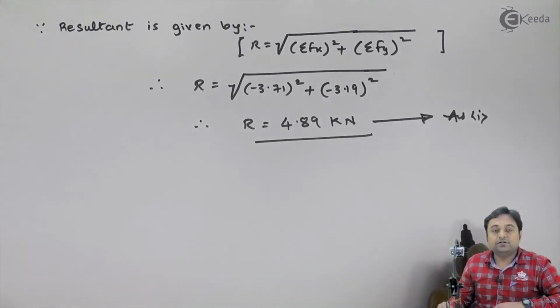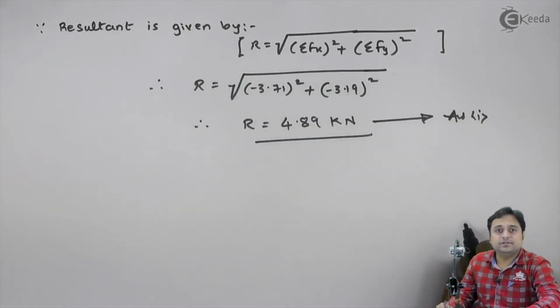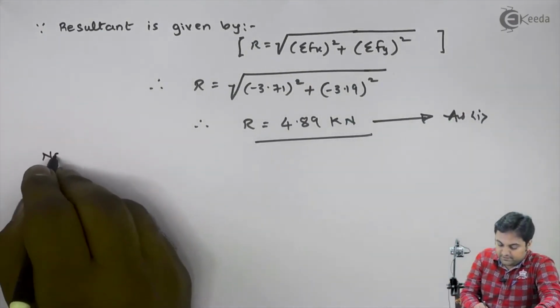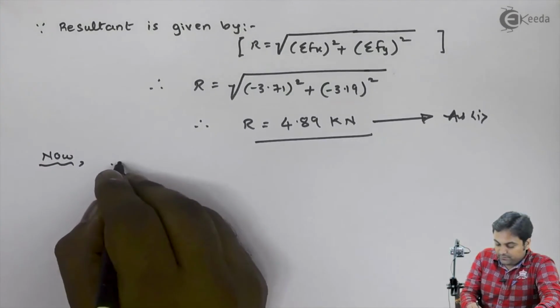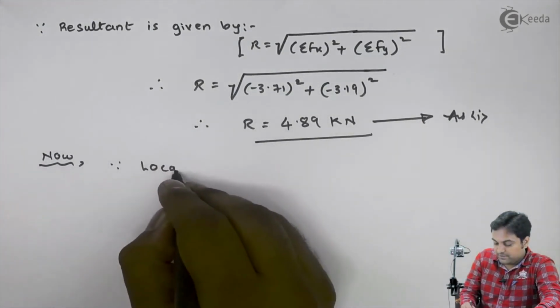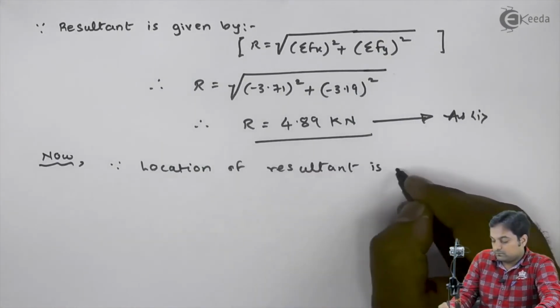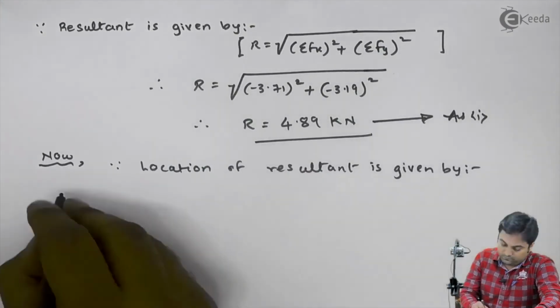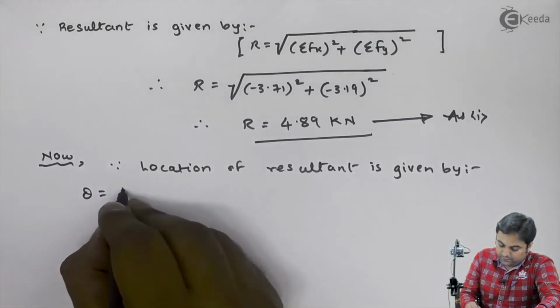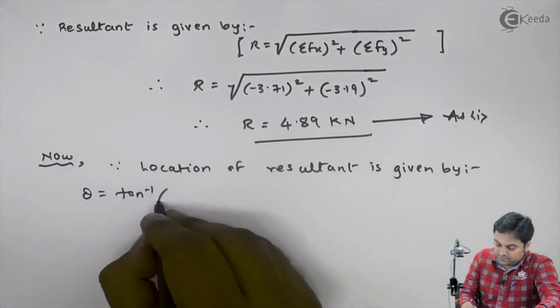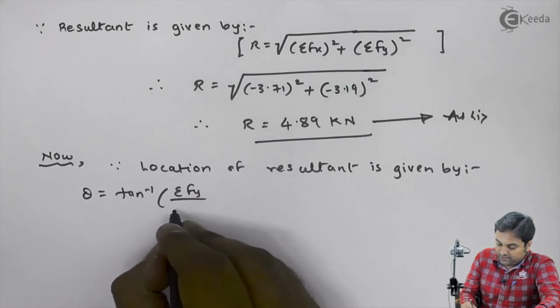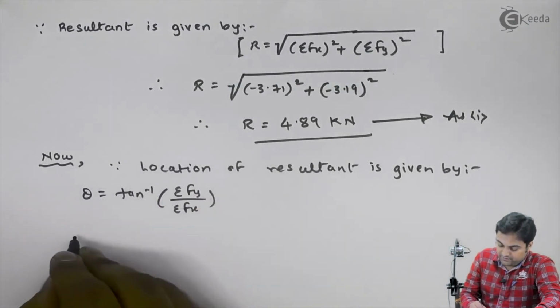After getting the resultant, we can locate the resultant by using the formula of theta. Since the location of the resultant is given by theta equal to tan inverse of summation Fy upon summation Fx.